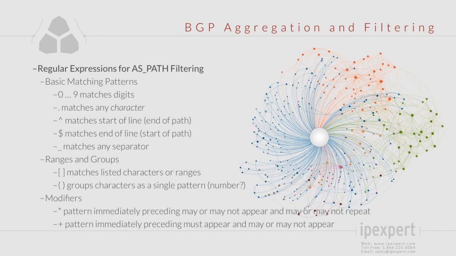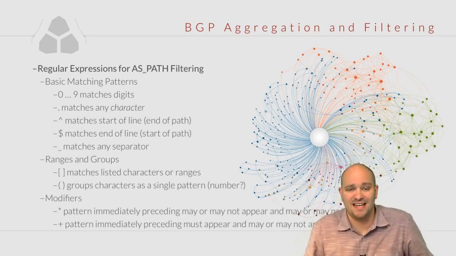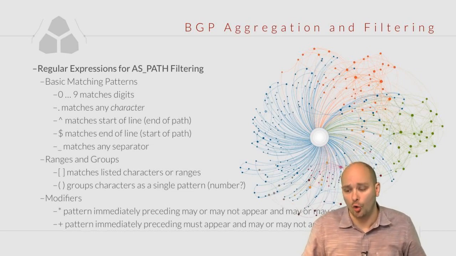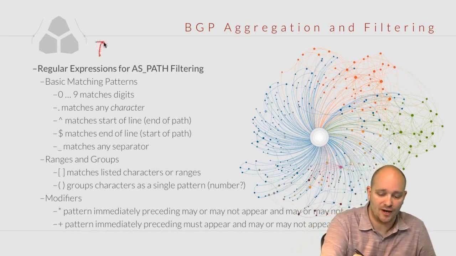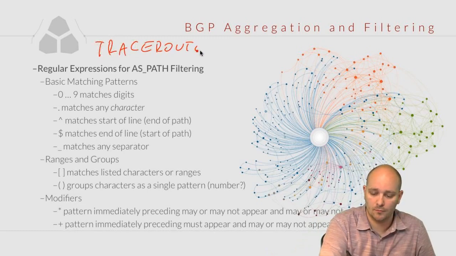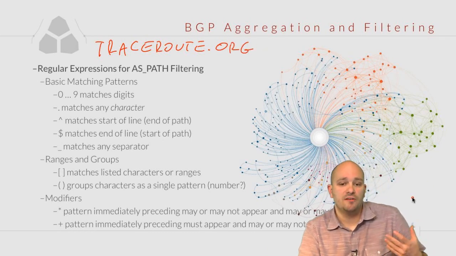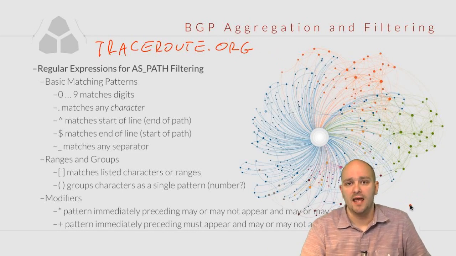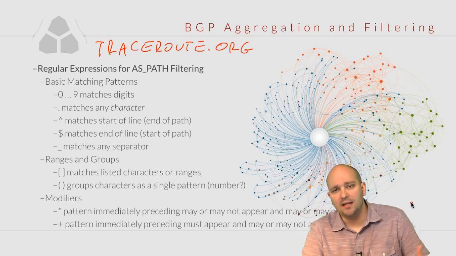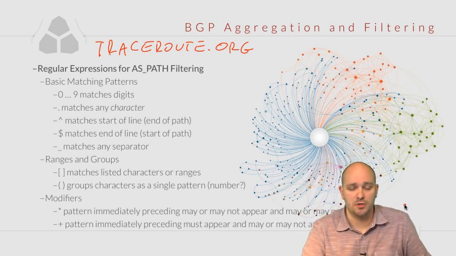Now, if you don't have access to any BGP speakers yourself, a good place to practice is traceroute.org. So let me just write that down for you here. If you go to this website, you can find something called route servers, which are publicly operated routers that run BGP and allow you to run certain BGP show commands.